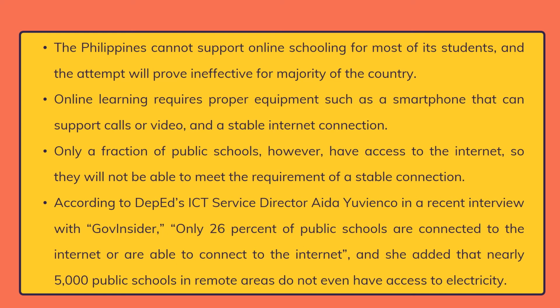According to DepEd's ICT Service Director Ida Yuvienco, in a recent interview with GovInsider, only 26% of public schools are connected to the internet or are able to connect to the internet. And she added that nearly 5,000 public schools in remote areas do not even have access to electricity.